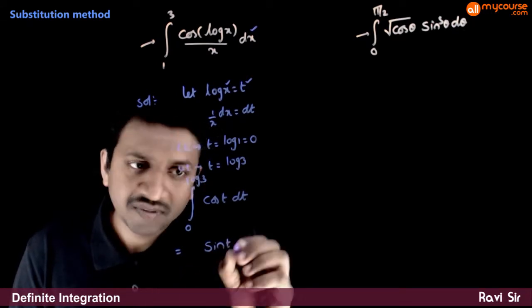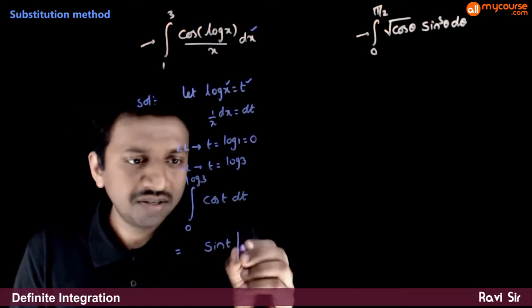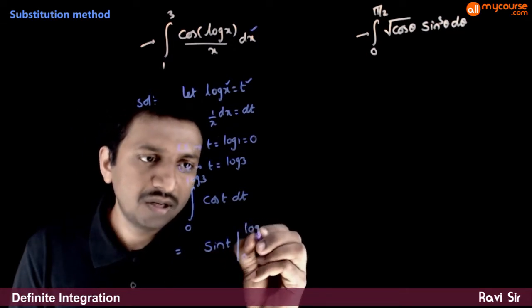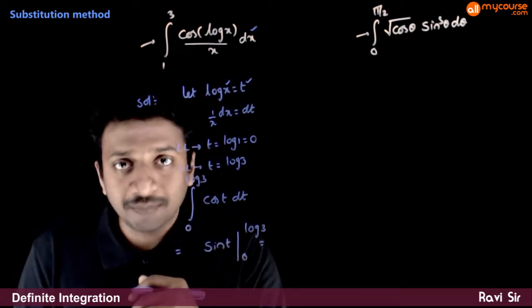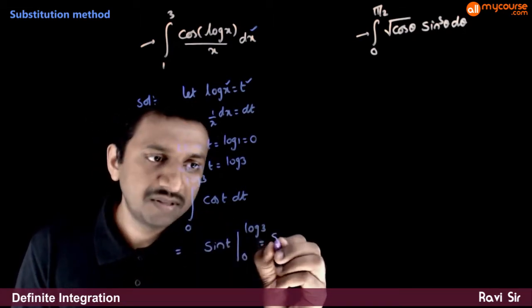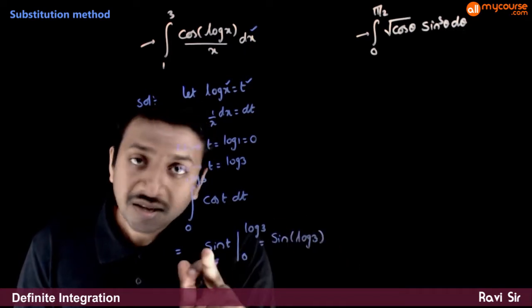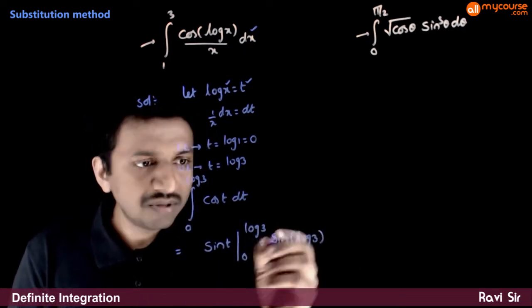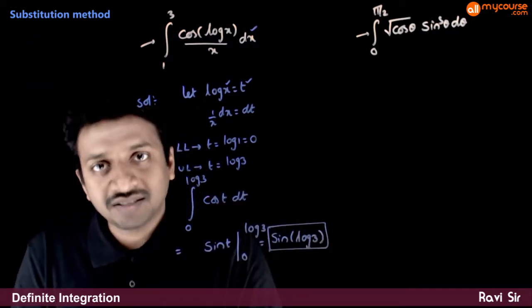Sin t. And the integration constant is not required in definite integration, from 0 to log 3. So put the upper limit and the lower limit and subtract one from the other. Sine of log 3 minus sine 0, which is 0. So sine log 3 is the answer to this question.